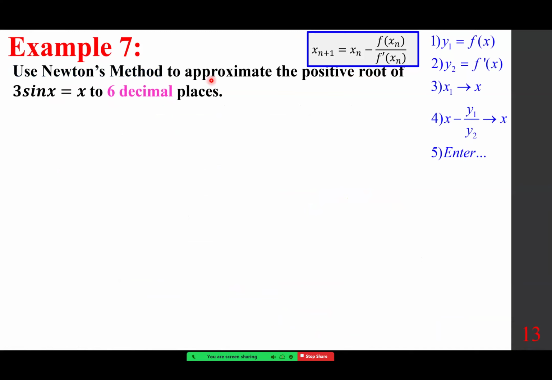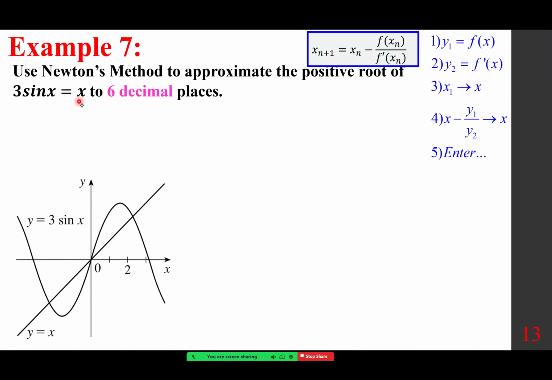Use Newton's method to approximate the positive root of 3 sine x equals x to 6 decimal places. Here's a rough sketch. The line y equals x, you can graph it. The function y equals 3 sine x, you can graph it.